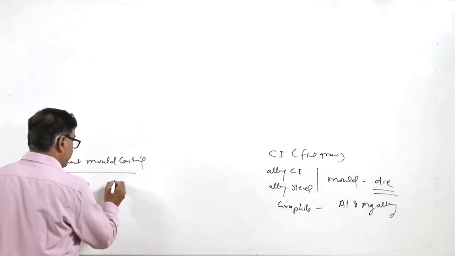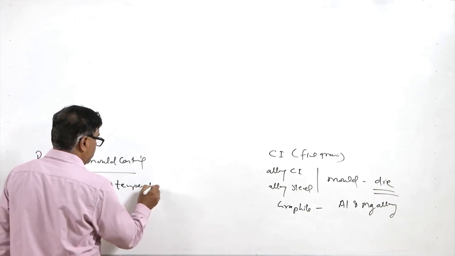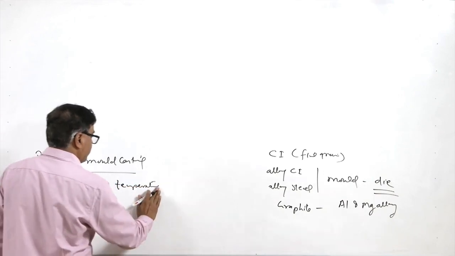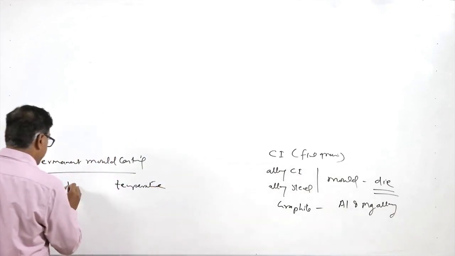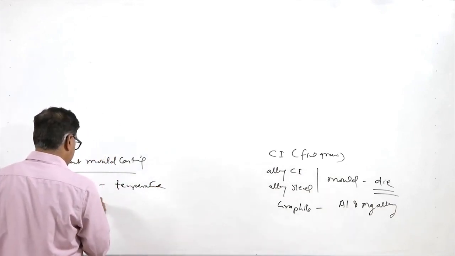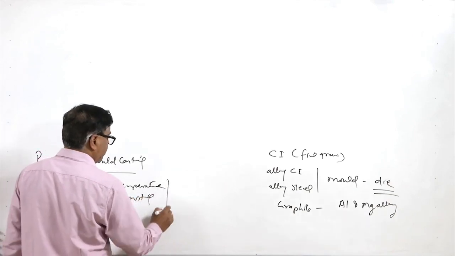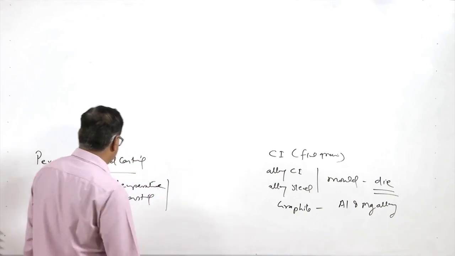So, depending upon the temperature, or you can say the pouring temperature, and the size of the casting, the suitable metal is selected.